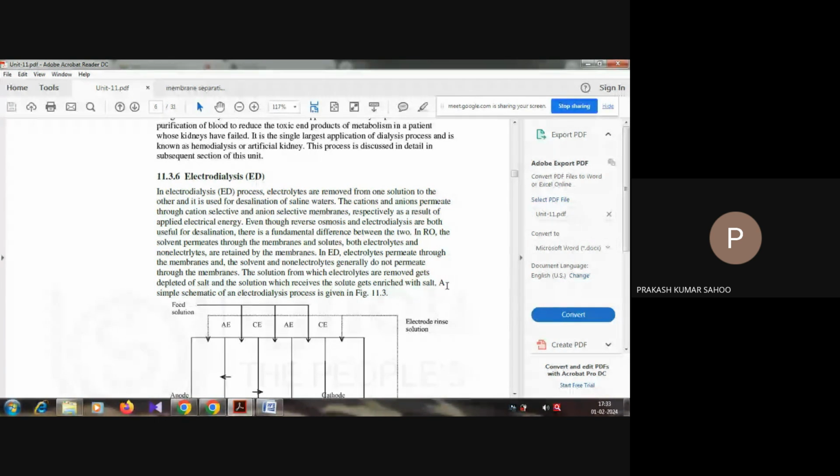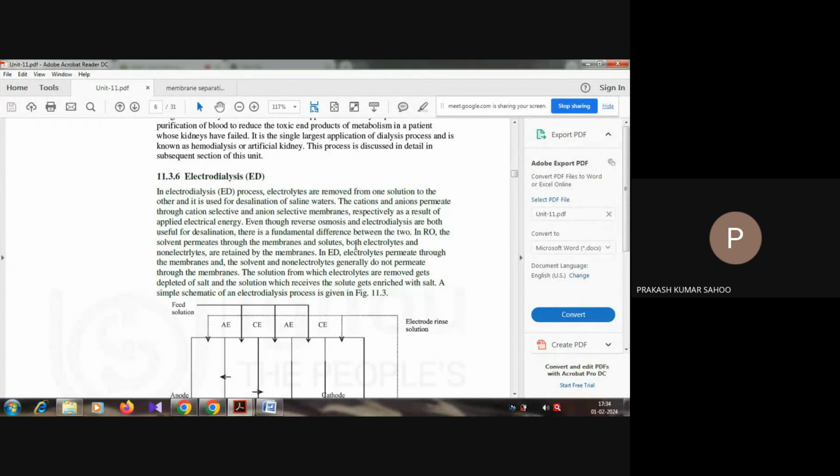Even though reverse osmosis and electrodialysis are both useful for desalination, there is a fundamental difference between the two. In RO, the solvent permeates through the membrane, and the solute, both electrolyte and non-electrolyte, is retained. But in ED, the electrolyte permeates through the membrane, and the solvent and non-electrolytes generally do not permeate through the membrane. So in RO, what happens? We separate pure solvent from the solute.